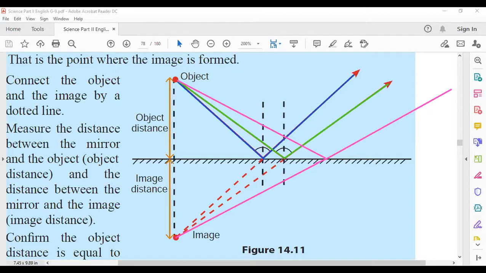So object distance and image distance are equal.